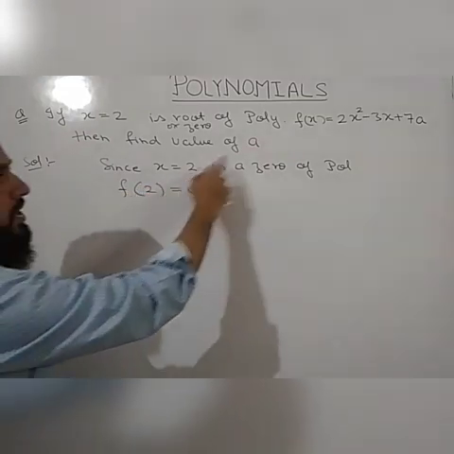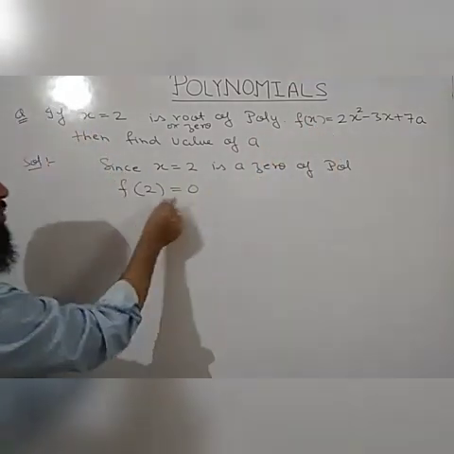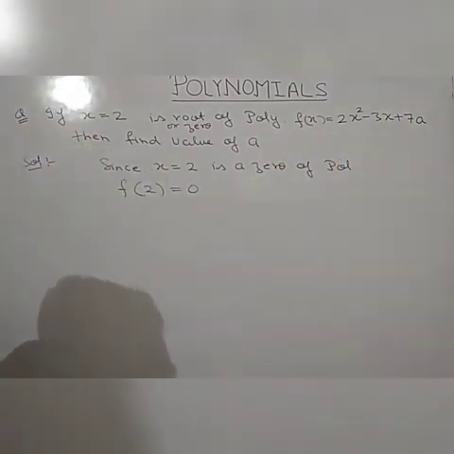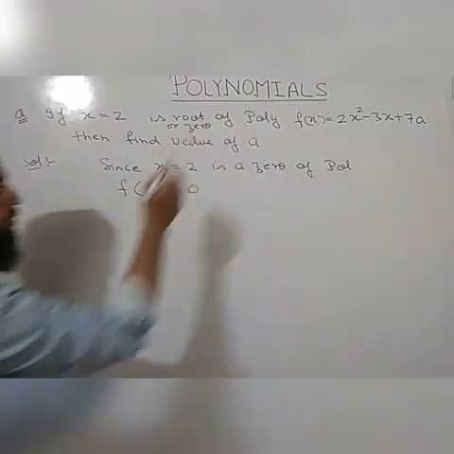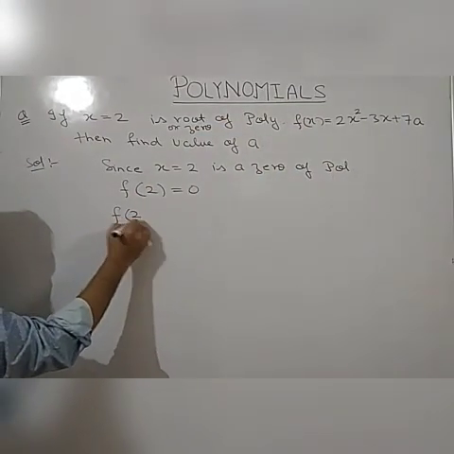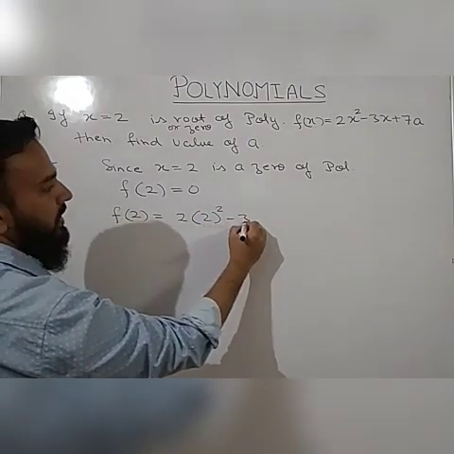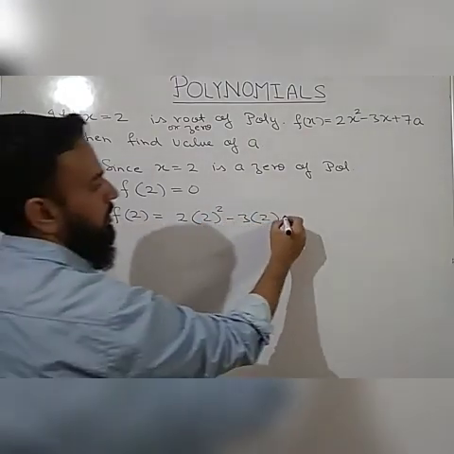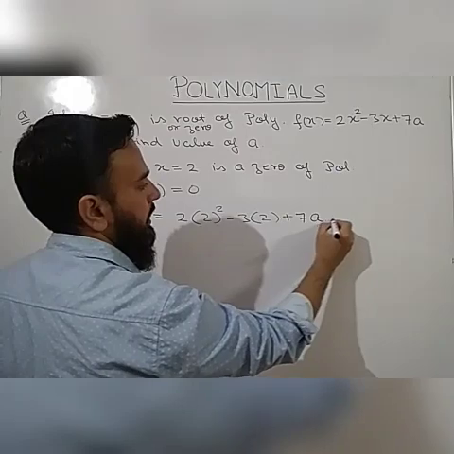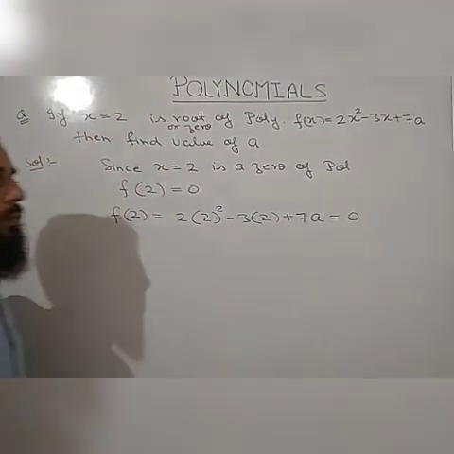Since x is equal to 2 is a 0 of this polynomial, f of 2 will be equal to 0. Now putting x is equal to 2, we get f of 2 is equal to 2 into 2 square minus 3 into 2 plus 7a, and it is equal to 0.